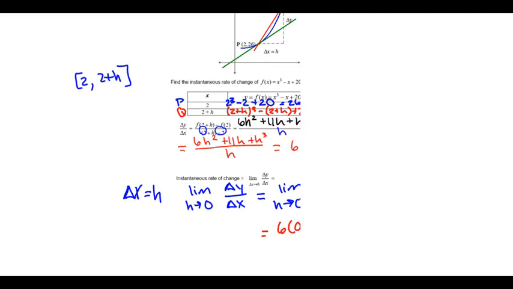Therefore, our instantaneous rate of change is equal to 11 at the point x equaling 2.